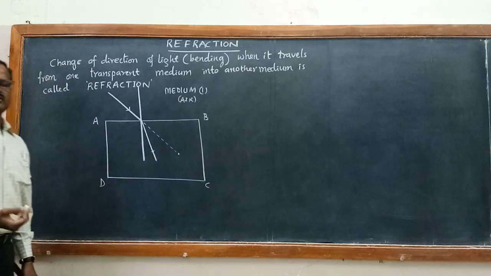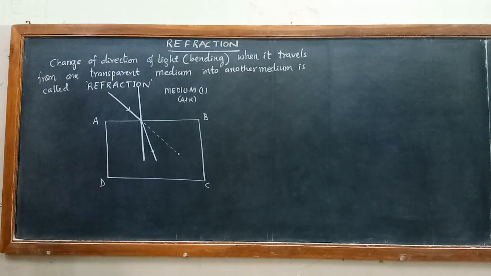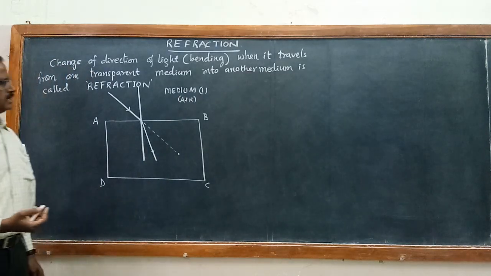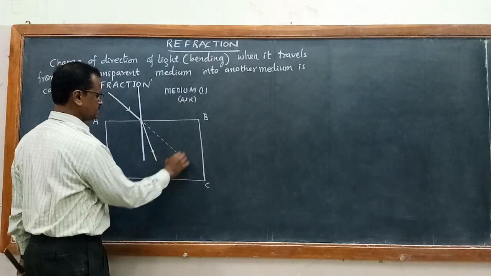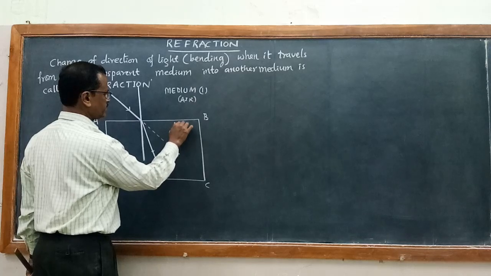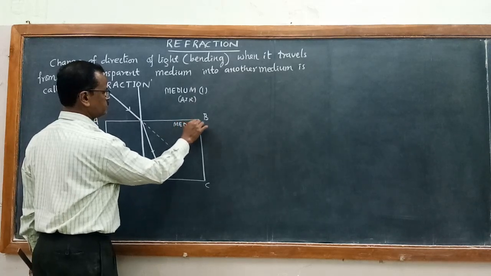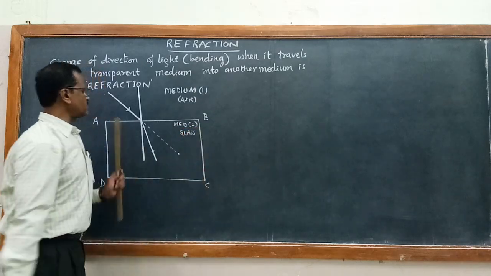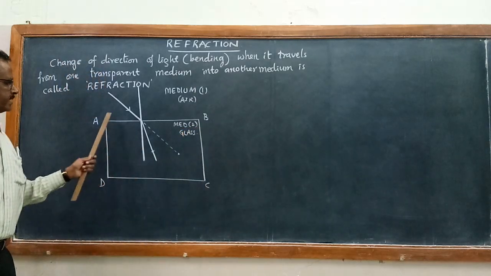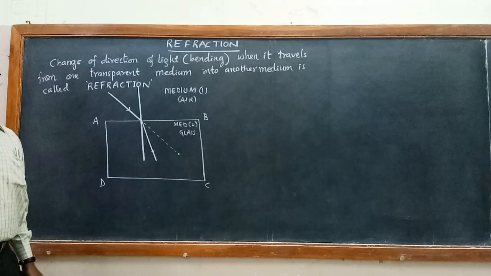Air is also a medium, a mixture of gases, and it is a transparent medium. And here is the glass, which we can call medium 2. So when it travels from one medium to another medium, it appears to be changing its path.